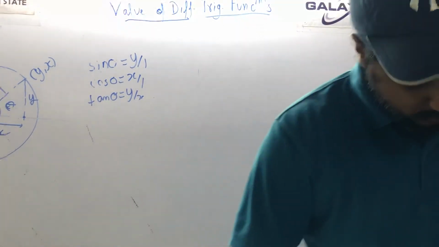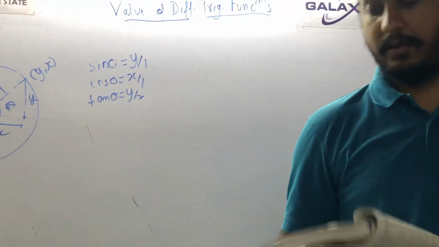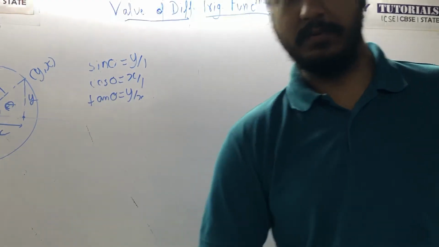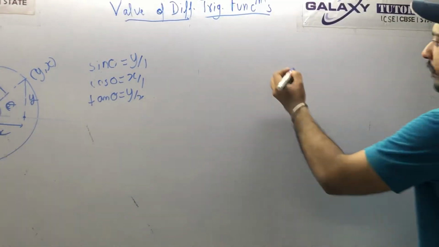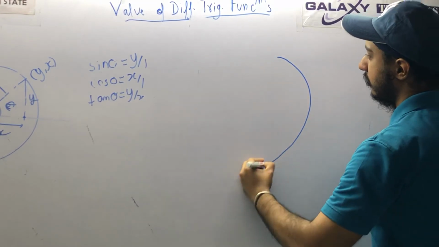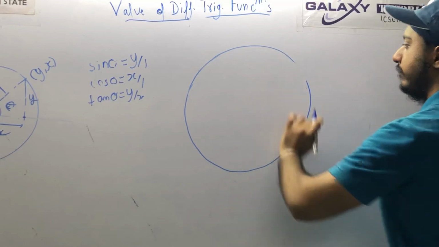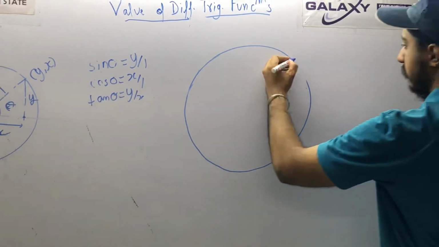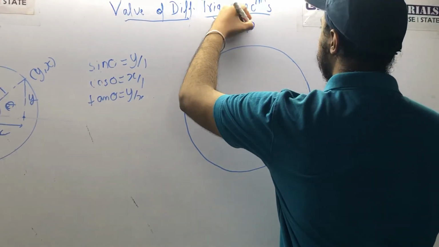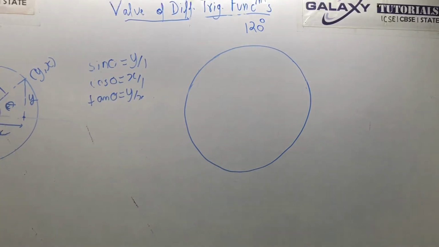Now we have already done till pi. Next is 2 pi by 3 or 120 degrees.